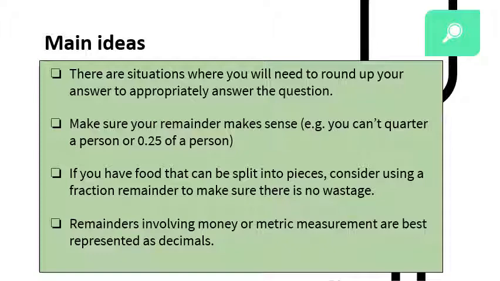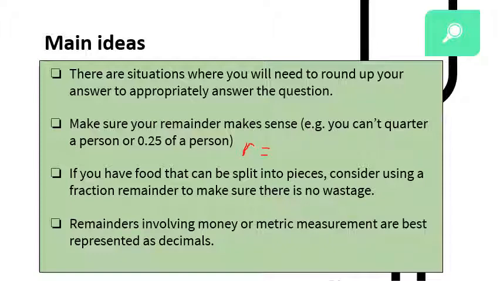Make sure that your remainder makes sense. So when we're dealing with people, for example, as a classic case, you can't halve people and share them between rooms or between groups. So consider recording your answer as R equals, as a whole number remainder.